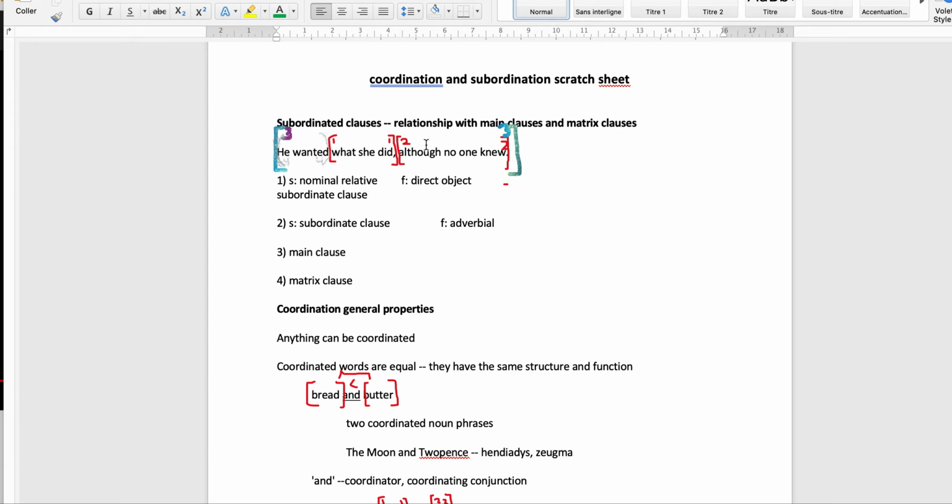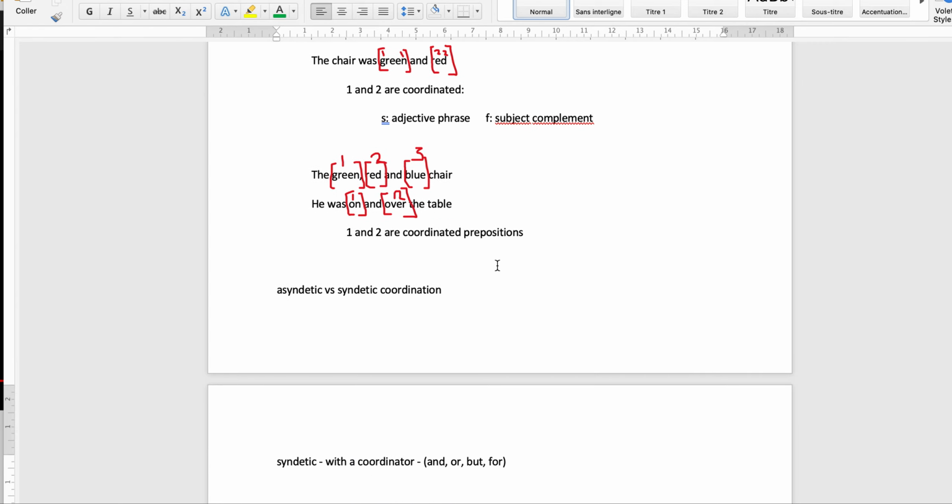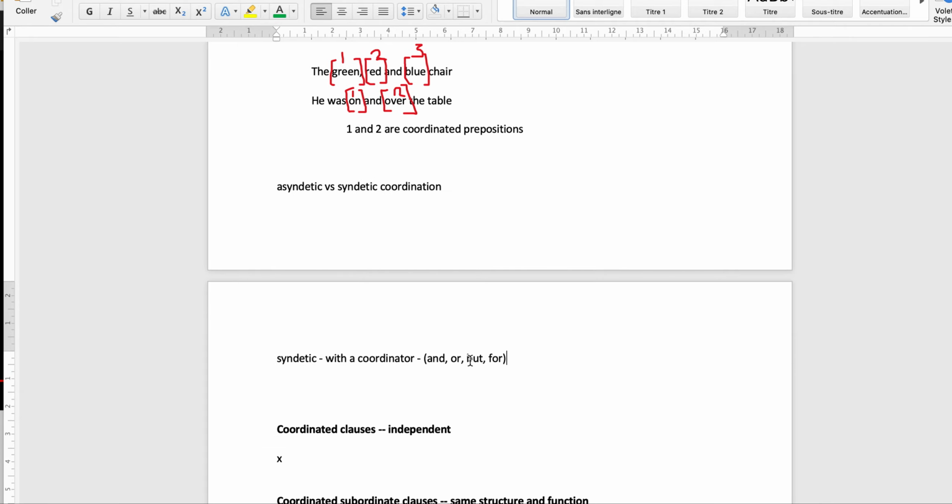But if we say but, I can't say but no one knew he wanted what she did. So that means but doesn't fully subordinate. Even though it expresses the idea of opposition, it doesn't fully subordinate this clause 2 within the main clause 3, right? It doesn't do that.